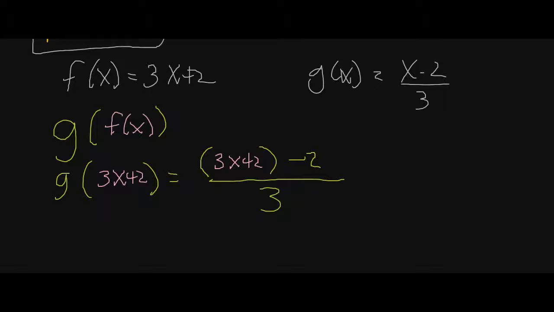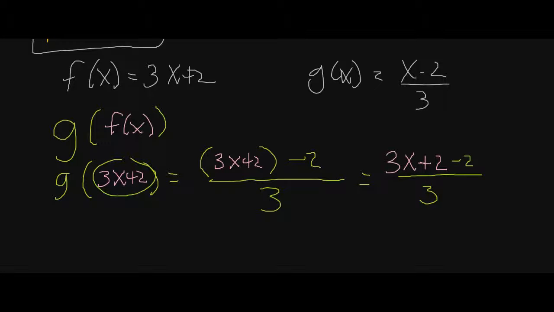As you can see, all I did was take this entire function and replace the x with it. Now this is 3x plus 2 minus 2, all divided by 3.